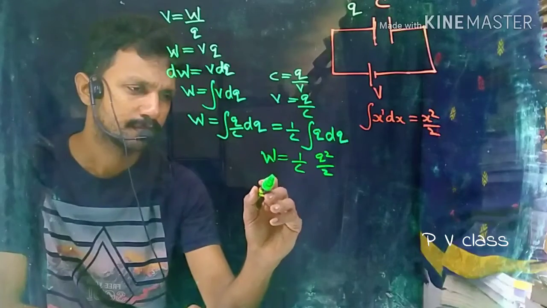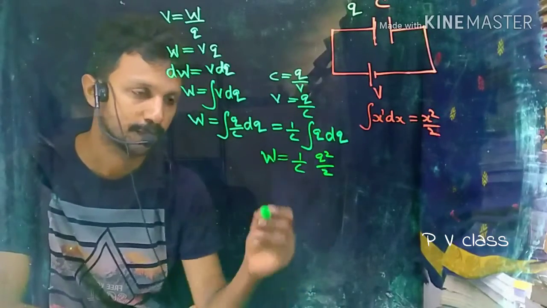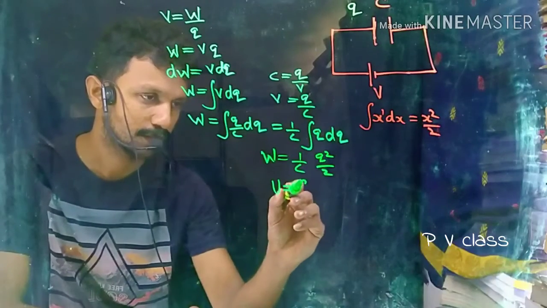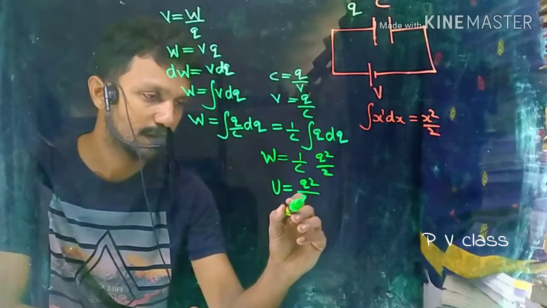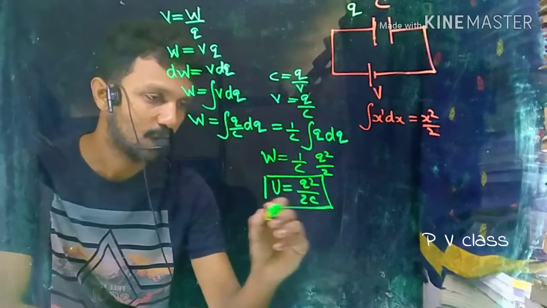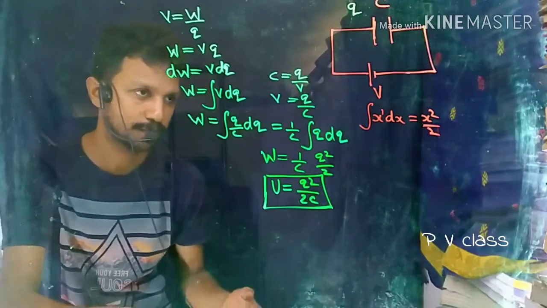And this total work done is stored as potential energy. That is, the energy stored inside the capacitor is Q square by 2C. This is one expression for energy stored inside the capacitor.